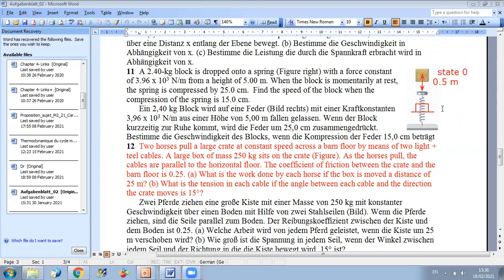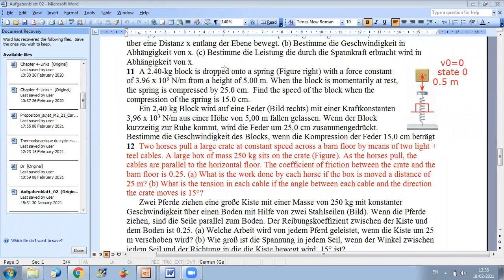At state zero, what do we have? We have an elevation from the plate of 0.5 meter, and we have an initial velocity v0 equal to 0. And then when the block compresses the spring and stops at a certain level, the compression of the spring becomes 25 centimeters.